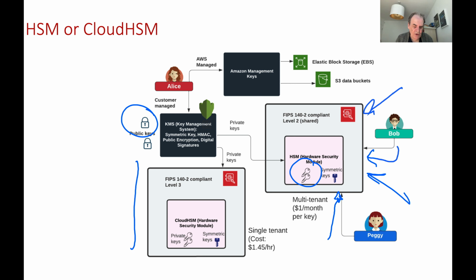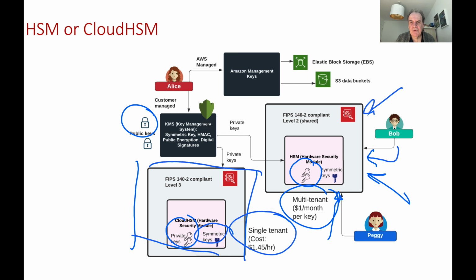For highly secure applications, we can use our own cloud HSM, which will be a private space for us to store our keys. And this way, no one can get access to our private keys and the symmetric keys that we store. But obviously, this is much more expensive than using a multi-tenanted approach.